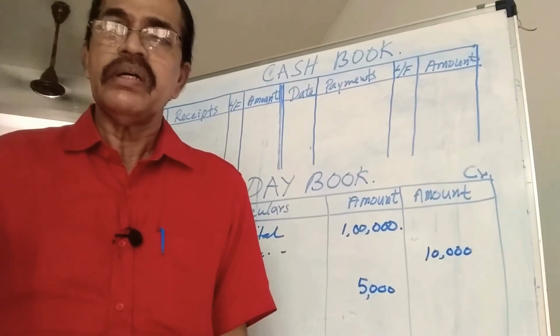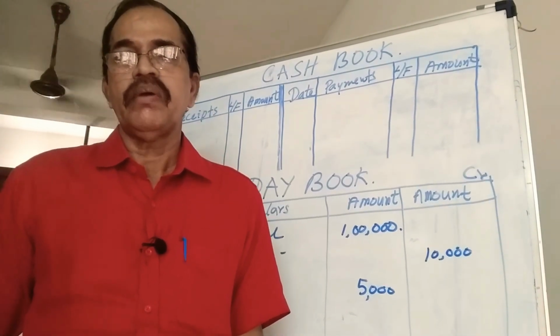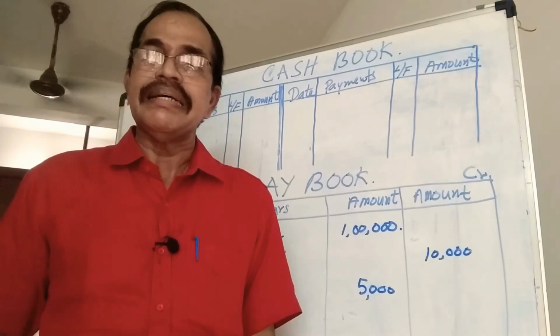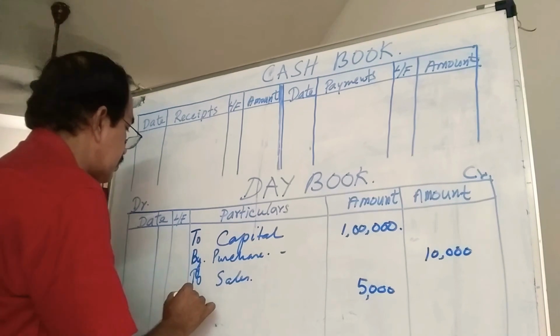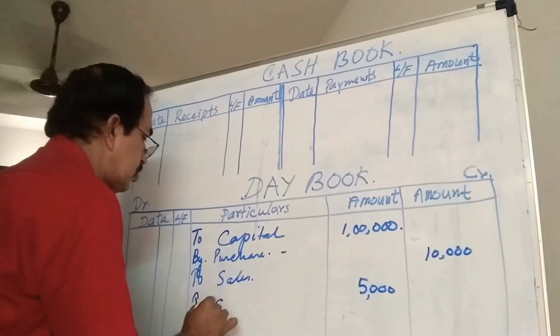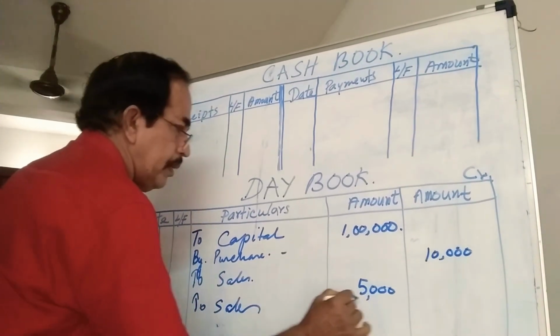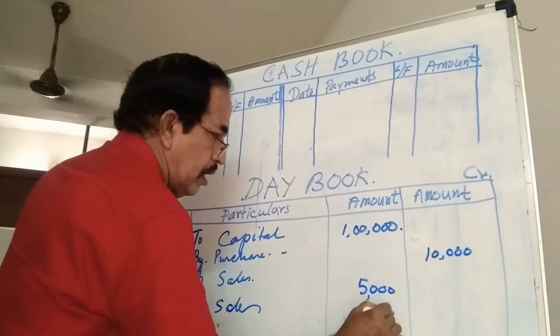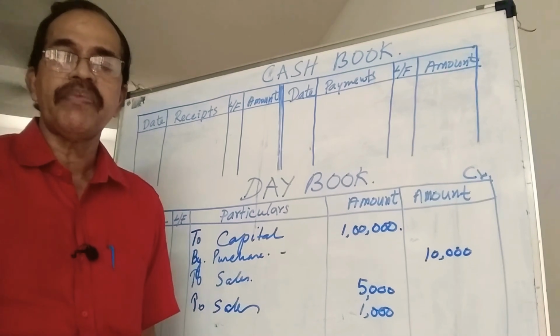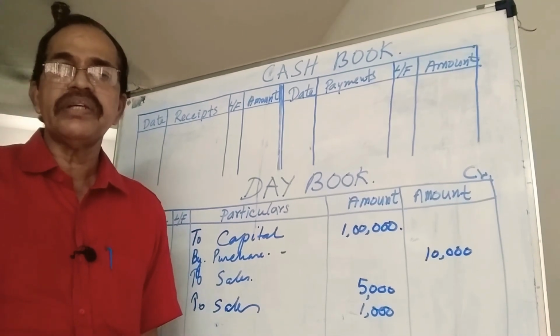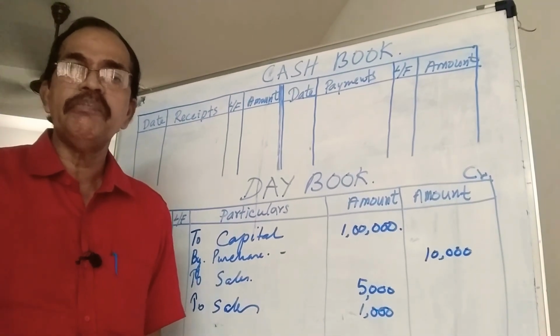So how shall we record it in the book? First of all, we know it is a sale. So I shall write to sales, rupees 1,000. As if we write here as if cash is received. But we know that it is a credit sale and cash has not come to the business.